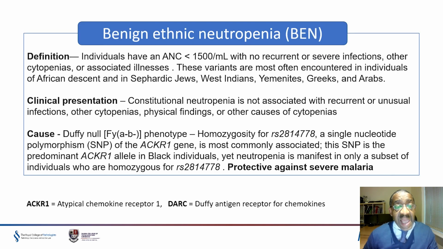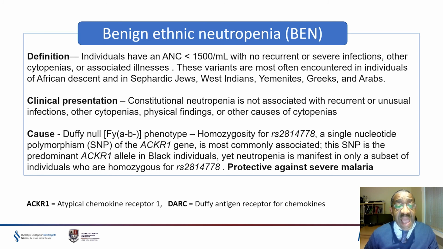Closer to home is benign ethnic neutropenia, and this form is quite interesting. It seems to affect individuals of particular races, most commonly individuals of African descent, but less commonly individuals from Europe and the Middle East. Additionally, it will be found in individuals from the Caribbean because of their genetic background.